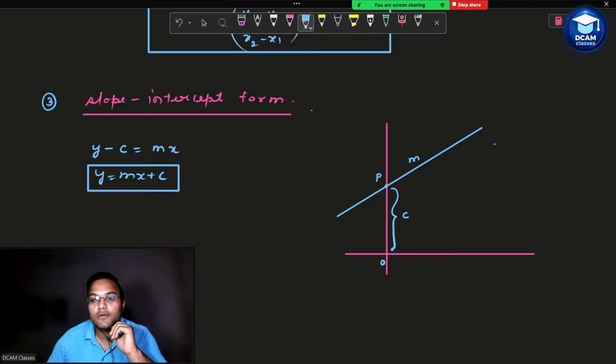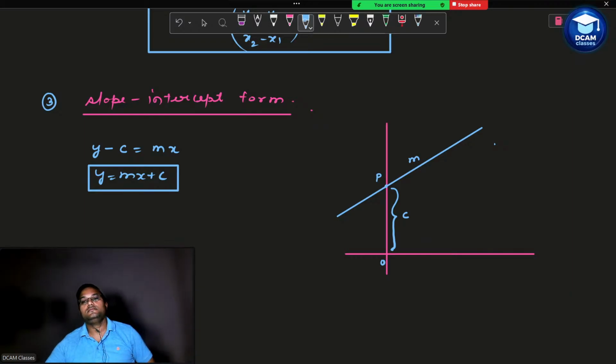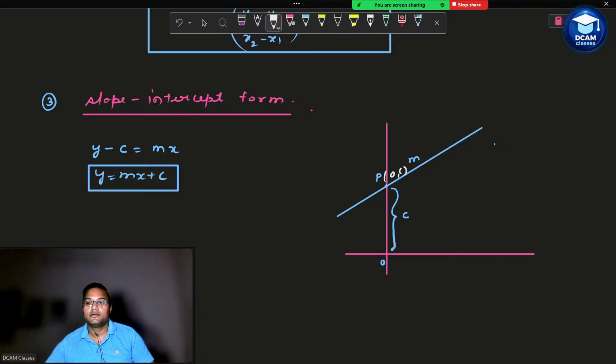Acha, tell me, how did you solve it? Sir, as P is a point on the y-axis, we can take x1 is equal to 0. Very good. From point P to the origin, it is C. Then we can take y1 as C, and I took the formula and solved. Very good.